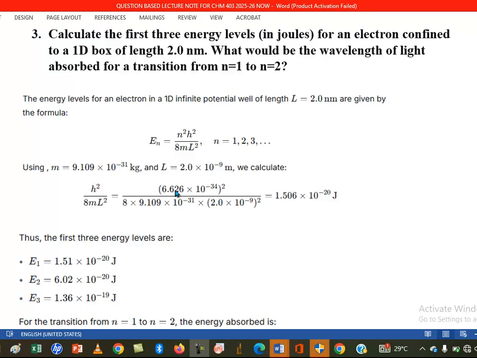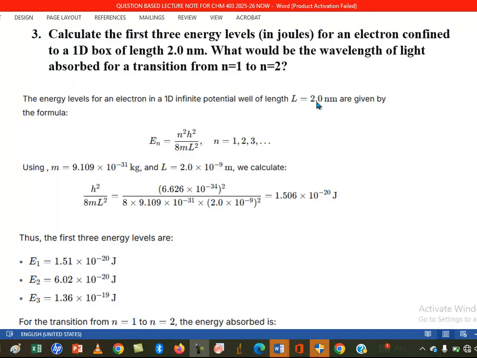Because it's 1, we have 6.626 times 10 raised to the power minus 34, all squared, over 8 times 9.109 times 10 raised to the power minus 31. We know that is m. And our L, of course, is 2 times 10 raised to the power minus 9. So where did we get our 10 raised to the power minus 9 from?